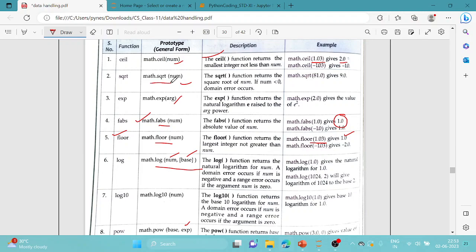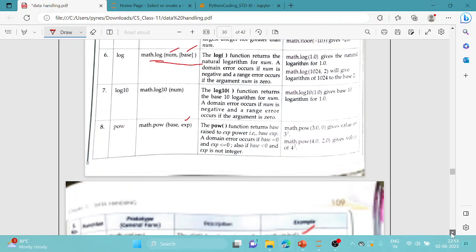Square root is sqrt. exp is the natural exponential function. log is the logarithm function, where we can give one number and a base for this logarithm. log10 is another function. pow is used for getting the exponential value of a number.